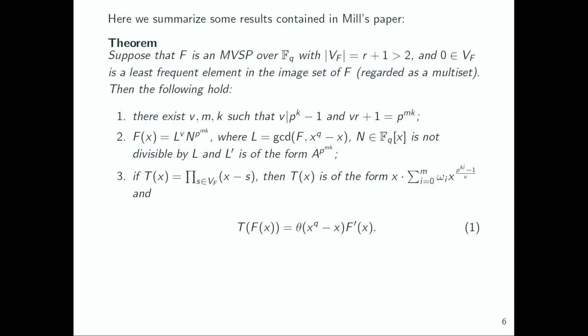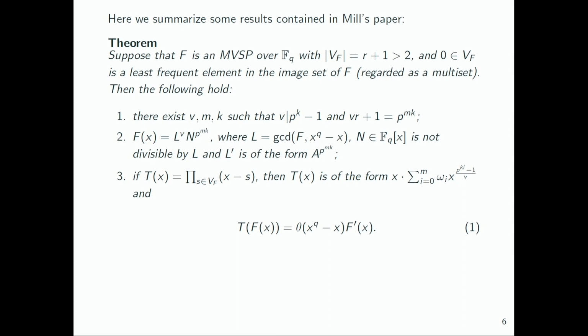And so here's the statement. I'm compiling many pieces of information from these papers, which gave this implicit description of MVSPs over general fields. Here, this is not the exact statement. I'm assuming that I'm taking an MVSP and 0 is in the value set and is the element with the least pre-image.